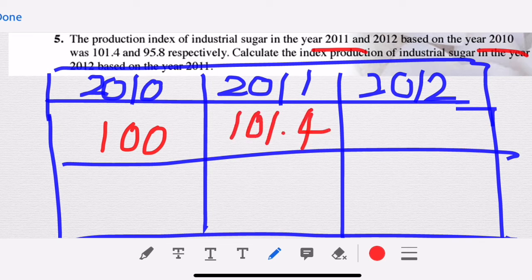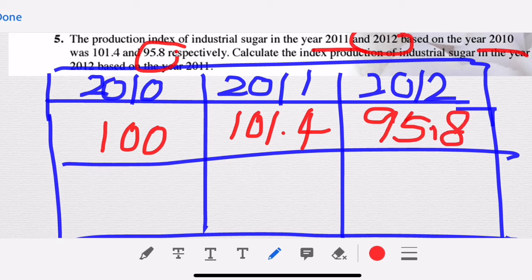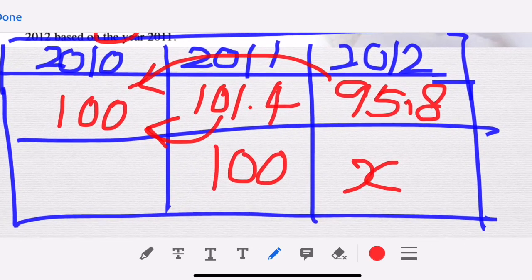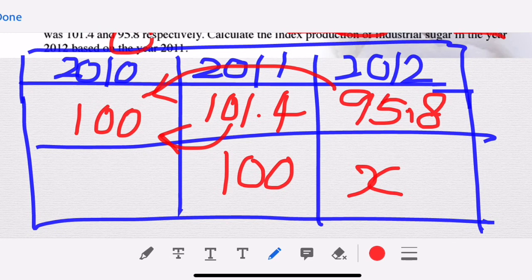And then for 2012 based on 2010, it's 95.8. So when we label, we just refer to the base year. And the question is asking for 2012 based on 2011. That means here is 100, here is X.